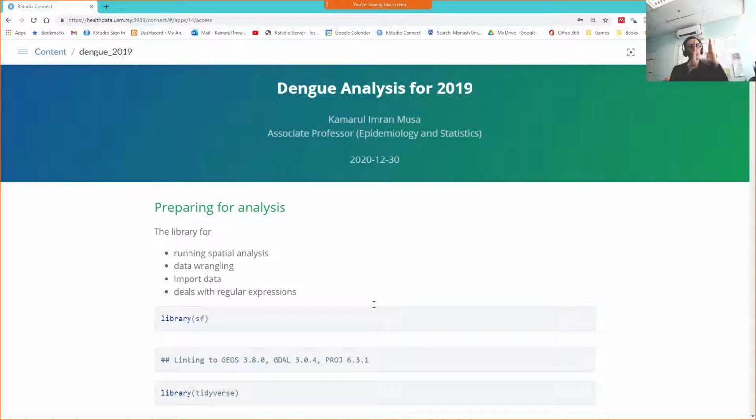We have columns of patients, row 1, row 2, row 3, row 4, and then we have age, sex, occupation, income, and what type of tests were done for them to test for dengue, right?